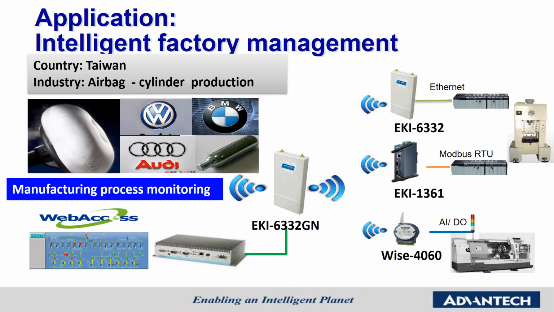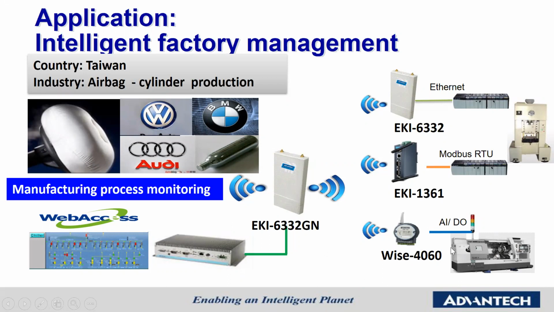one example. So you've got an ECI 6333 here, 6332. This is just one previous model used as the access point. Okay, and then you've got this ECI 6332 as a client here. The 1361 is a client, talking Modbus. That's a great fit for the 1361. And then some simple I/O.